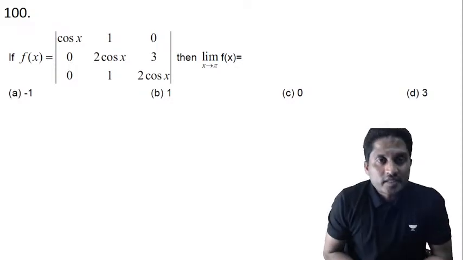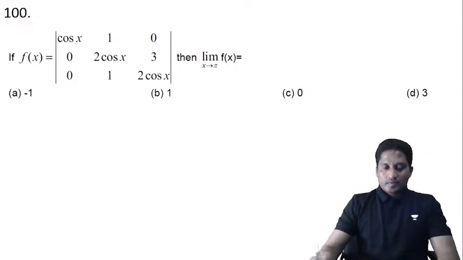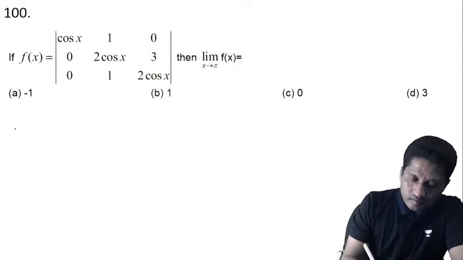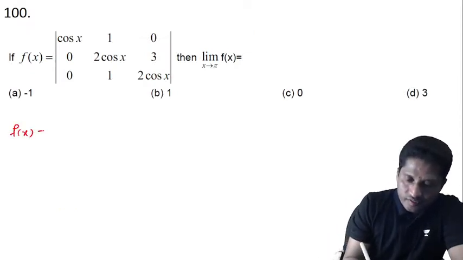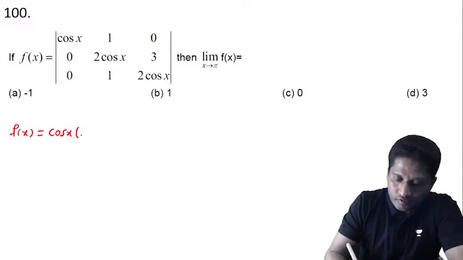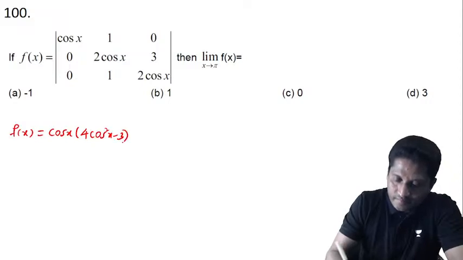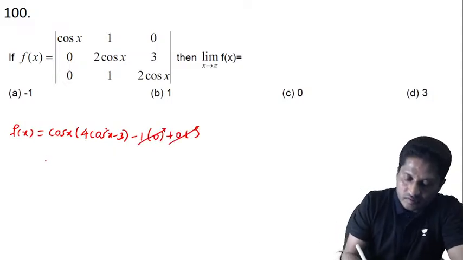Okay, now x is tending to pi. f(x) is equal to, delete first row first column, you will get this as cos x into 4 cos square x minus 3 minus 1, delete first row second column, 0 multiplied by a finite quantity is 0.